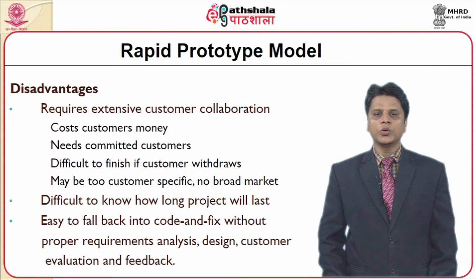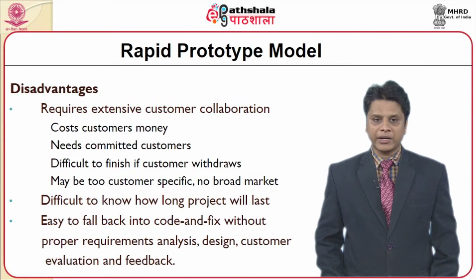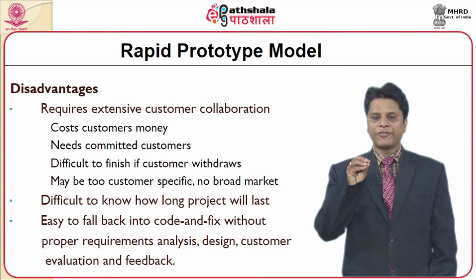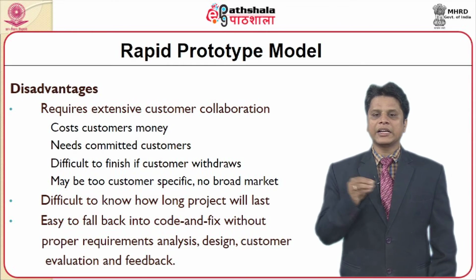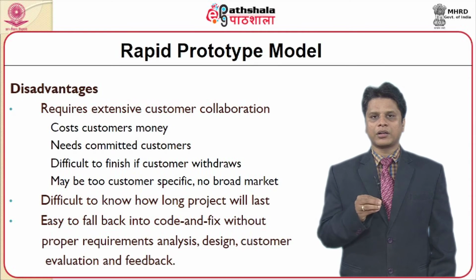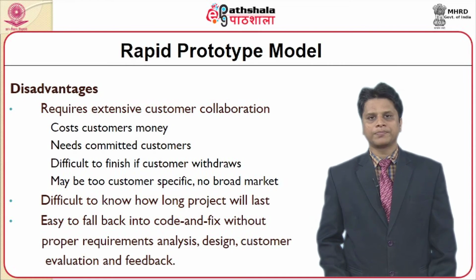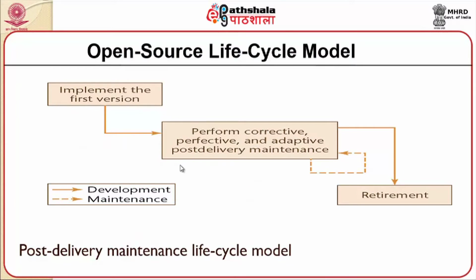It is easy to fall into code and fix without proper requirement analysis, design, customer evaluation and feedback. If you remove requirement analysis, design and customer evaluation from the structure of rapid prototype, it is obviously something like the code and fix model. So as an alternate, what else could be done? It's not just an alternate, it is just an extension.